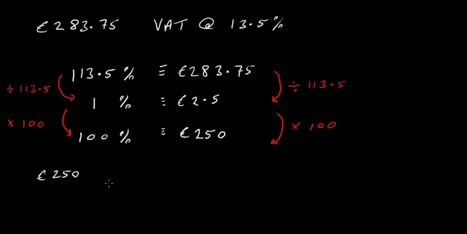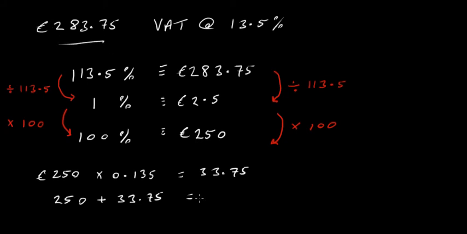If you get 13.5% of that, if you take 250 and multiply by 0.135, you'll get 33.75. If you take the 250 and add that 33.75, you will end up back here again, 283.75.